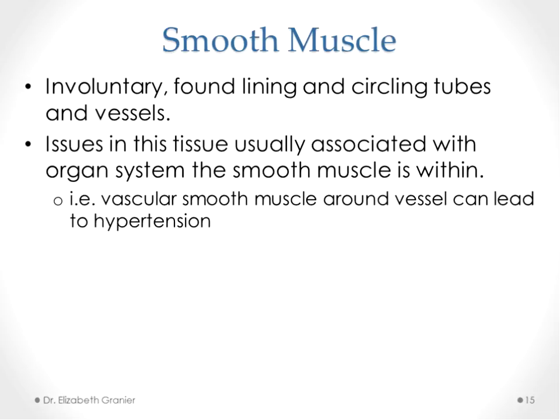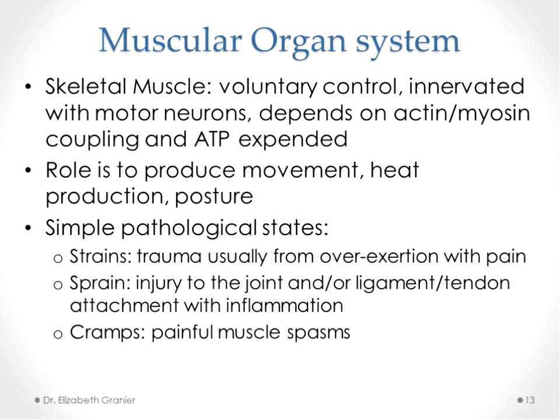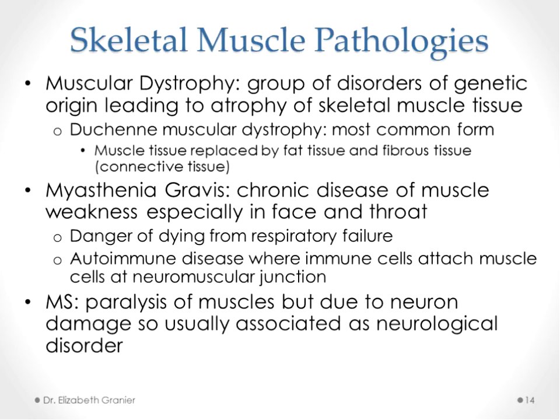Okay? So almost any other pathology of the skeletal muscle system really involves the skeletal muscle system not being able to move, so you have problems with movement, or problems with muscle control, or paralysis, all right? And the reason it's a skeletal muscle pathology and not a neurological pathology is that the problem originates in the skeletal muscle.